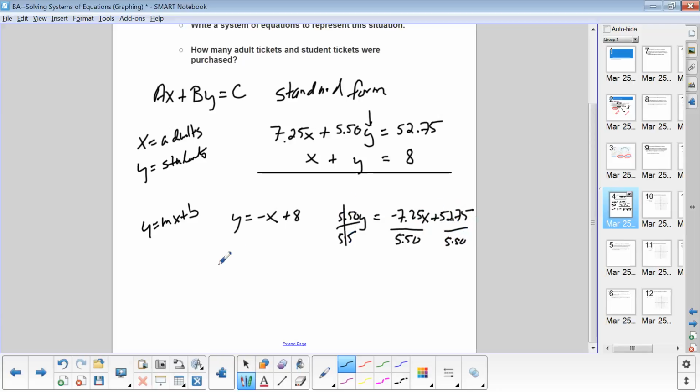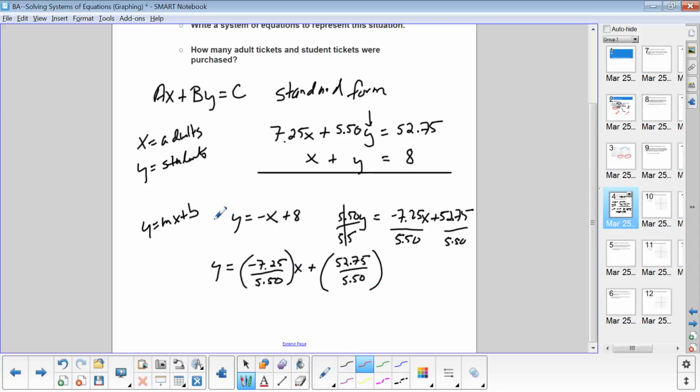So my second equation would be y equals, and in parentheses, this is how I'm going to type it in, negative 7.25 divided by 5.50 times x, that's my rate, my slope, plus 52.75 divided by 5.50.